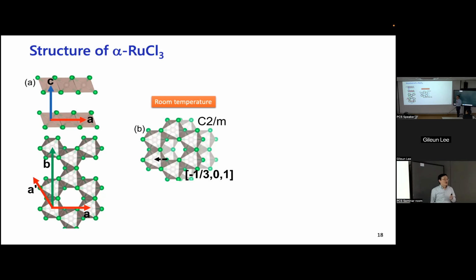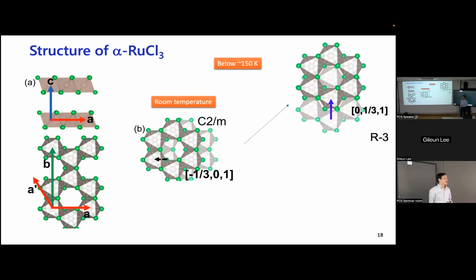But at around 150 K, alpha ruthenium chloride goes through a structural phase transition. It was uncertain what kind of structural transition was occurring, but now we have some good data and understand that at low temperature the stacking pattern changes from this to this.